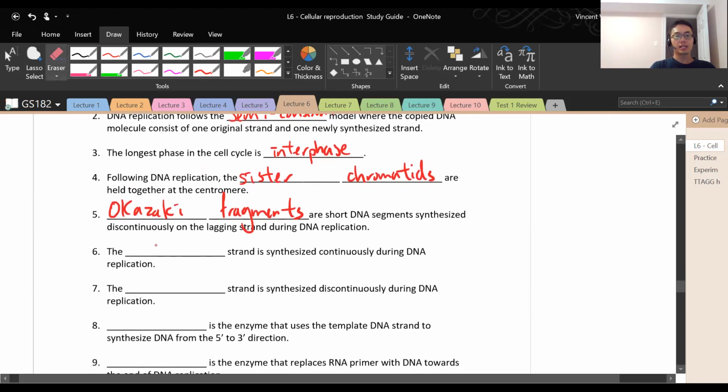The something strand is synthesized continuously during DNA replication. If it's synthesized continuously, it is called the leading strand. On the other side, where it is synthesized in the Okazaki fragments, that's the lagging strand.